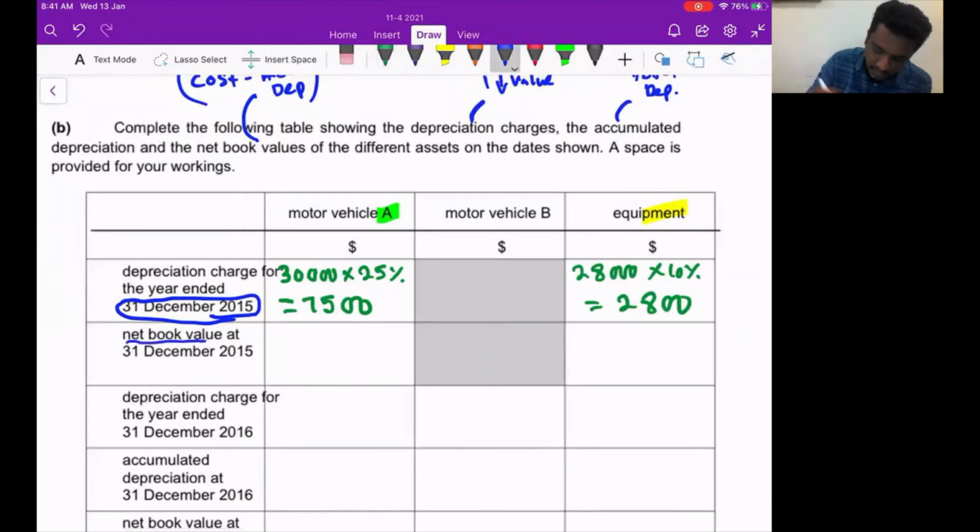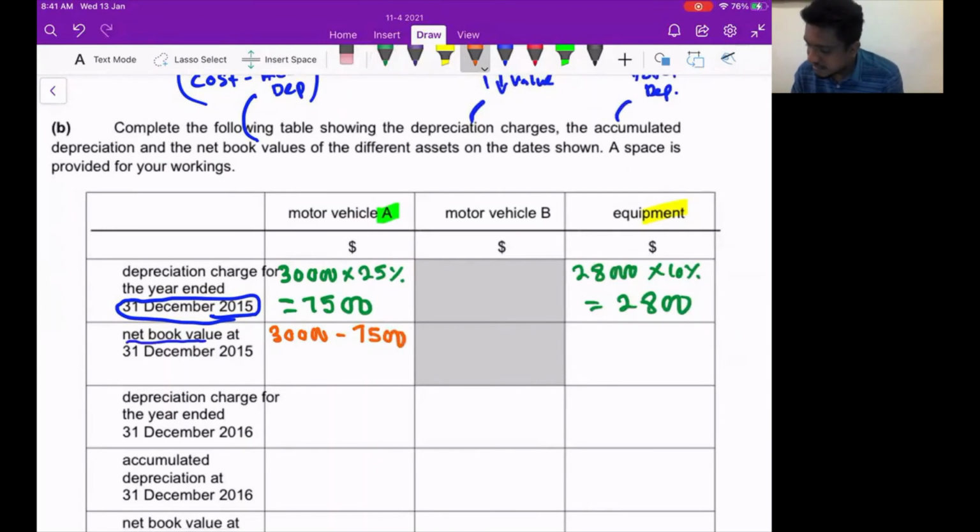Then they want net book value. How to calculate net book value? Take the cost. The cost is 30,000 minus the depreciation 7,500. So 30,000 minus 7,500, I get 22,500. 22,500 is your net book value for vehicle A in 2015.